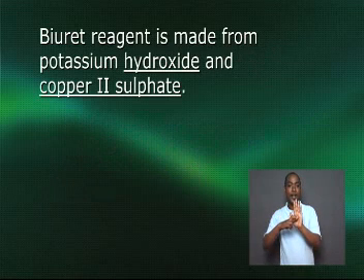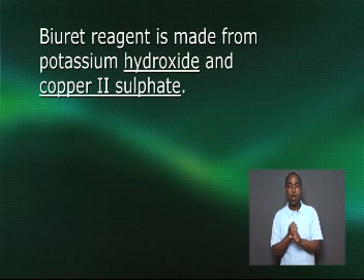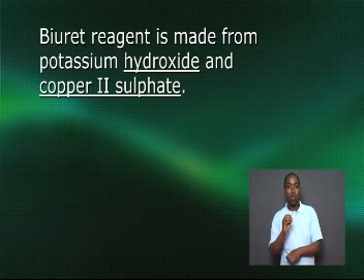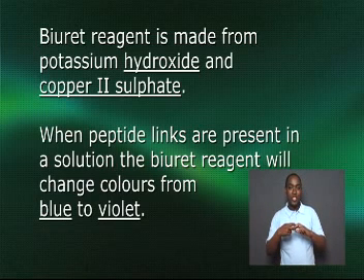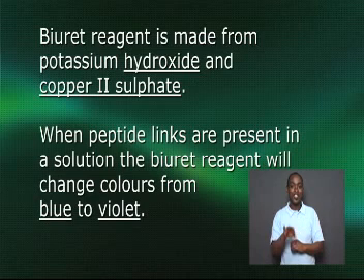Biuret reagent is made from potassium hydroxide and copper-2 sulfate. When peptide links are present in a solution, the biuret reagent will change colors from blue to violet.